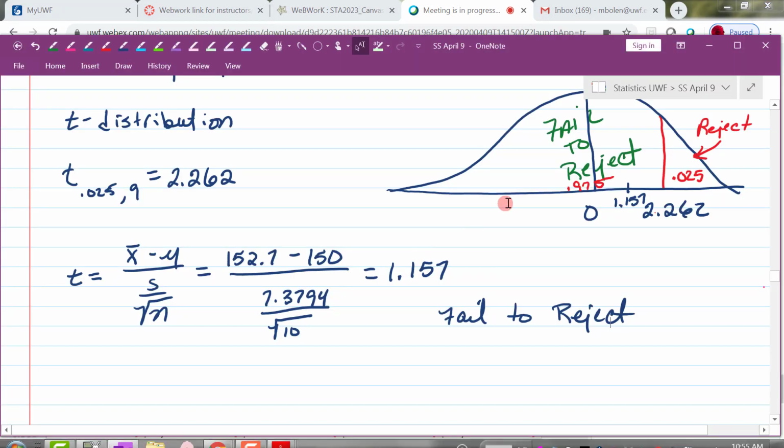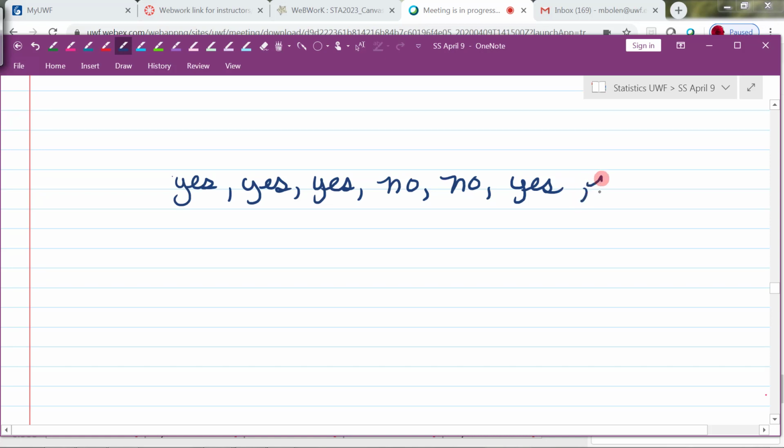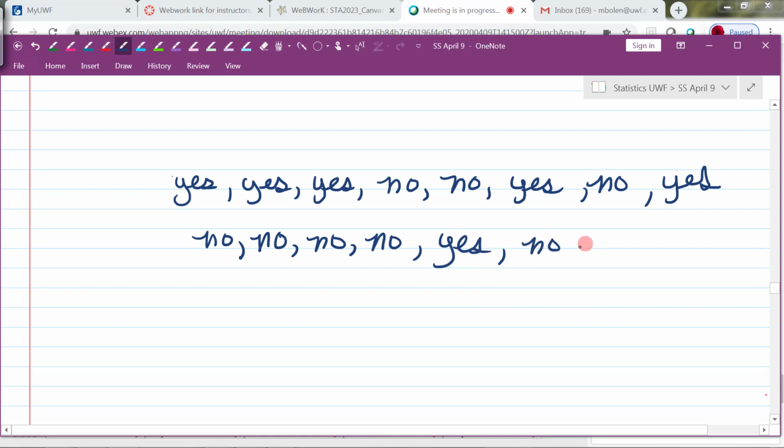Let me just say, if I give you a hypothesis test for proportion, maybe the answers were yes, no. So if I say here's the results: yes, yes, yes, no, no, yes, no, yes, no, no, no, no, yes, no, no. So let's say this is my sample data for a proportion hypothesis test, and X is my yeses.